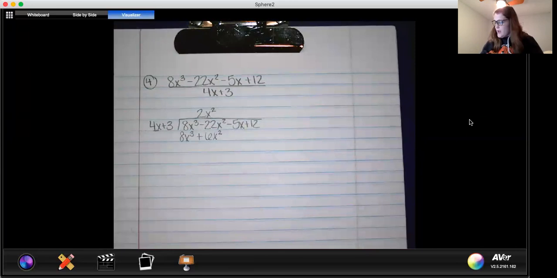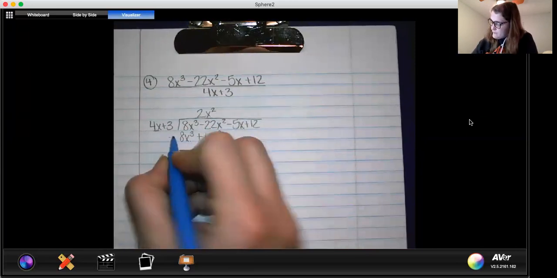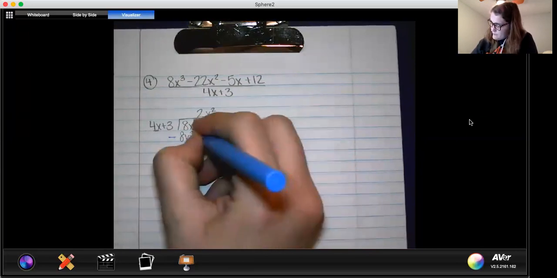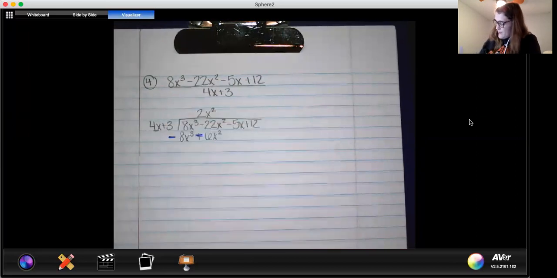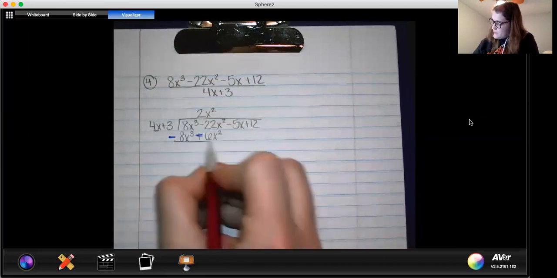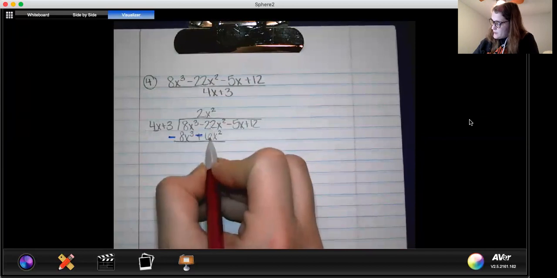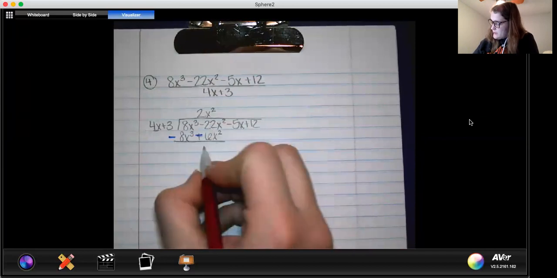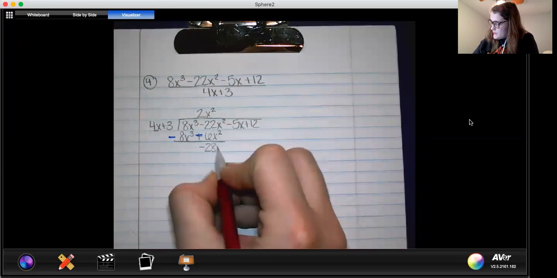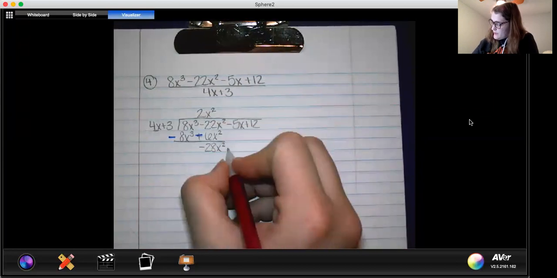Then I'm going to subtract. That first term should always cancel. Then I have negative 22x squared minus 6x squared, and I get negative 28x squared. Bring down negative 5x.